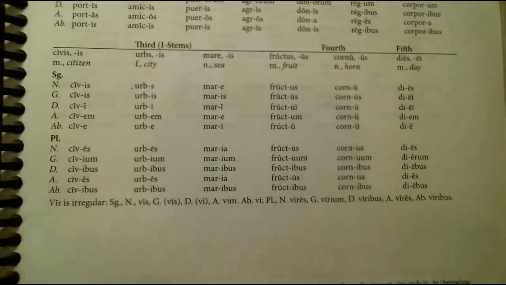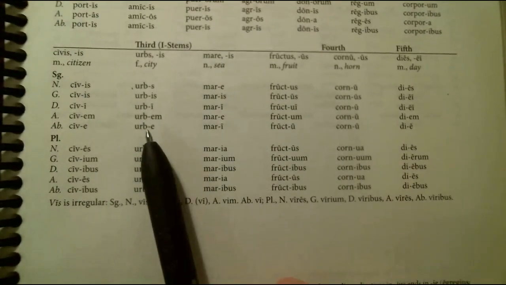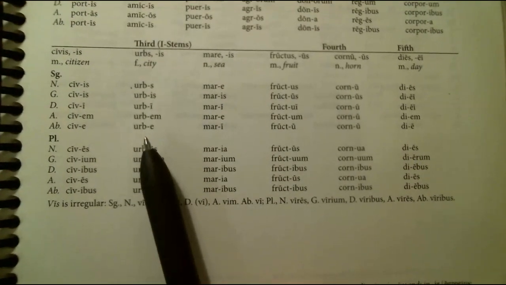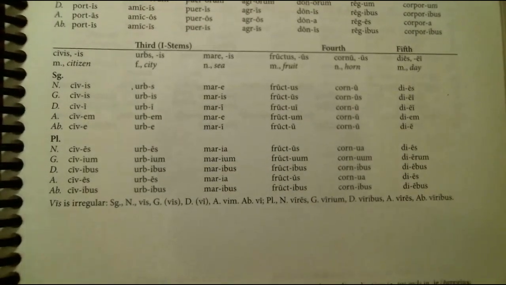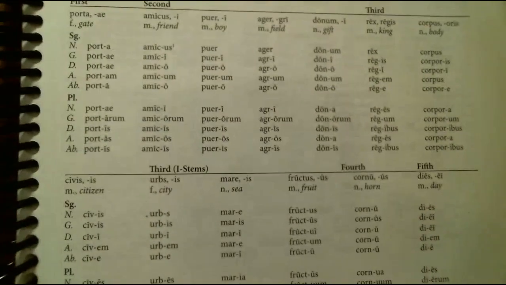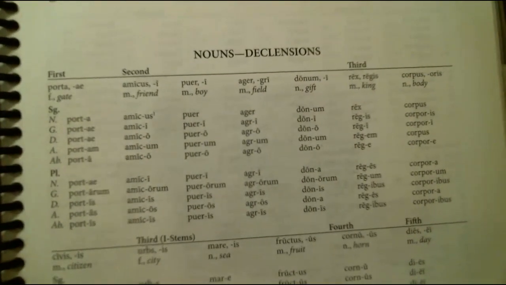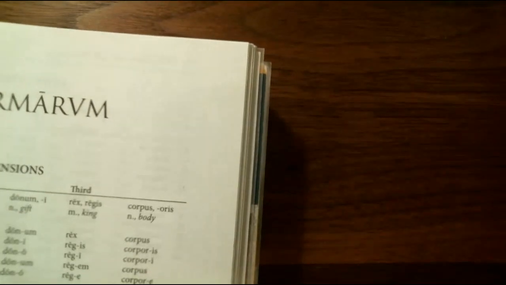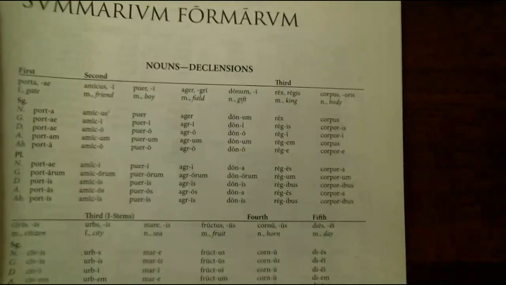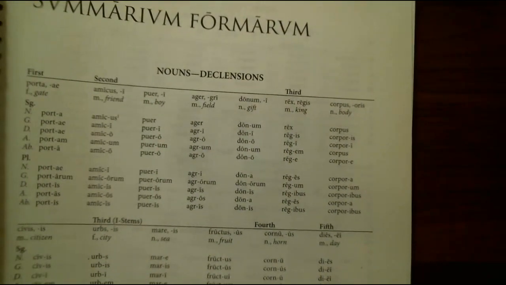I'm not going to talk about it today, but we have our third i-stem nouns, and then we have our fourth and fifth declensions, but we'll get to that eventually. But that's on page 495, very helpful. But what I did with magnus rex and writing out that noun and adjective from the first and second declension, putting those together is very good practice. So let's go back to our chapter at hand.